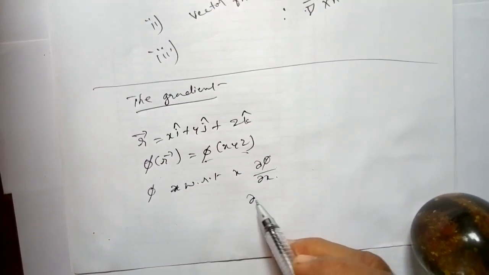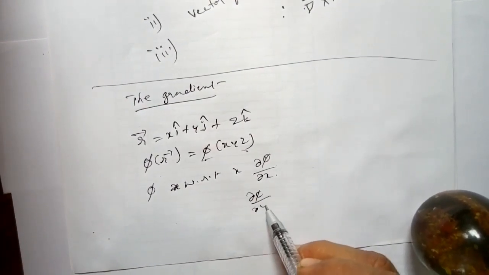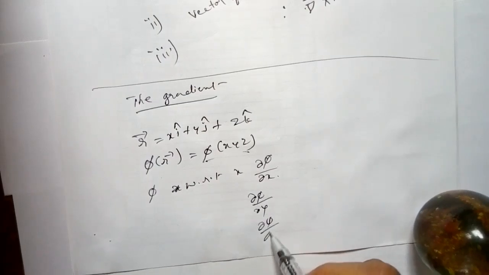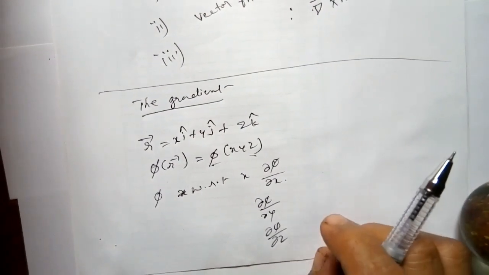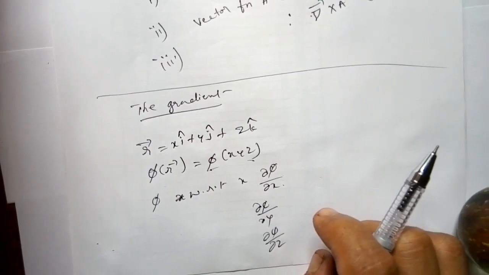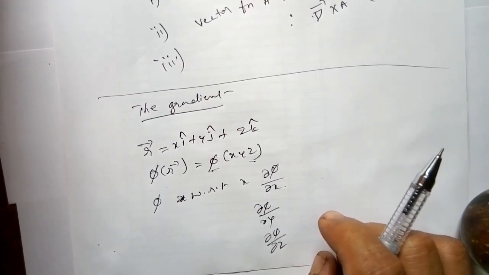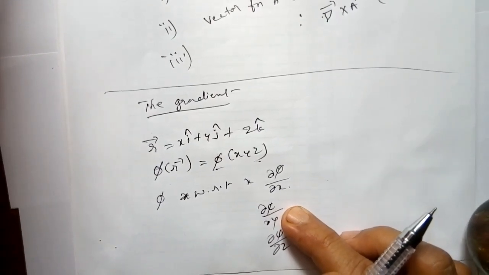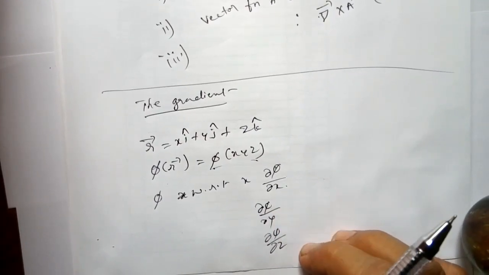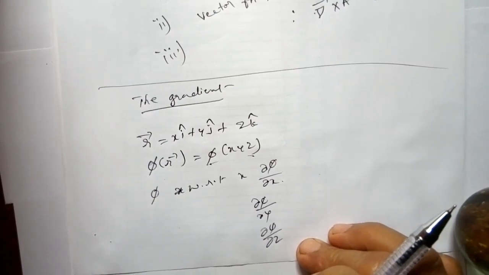Similarly, dou phi by dou y is the rate of change of phi at point P along the y direction, and dou phi by dou z is along the z direction.